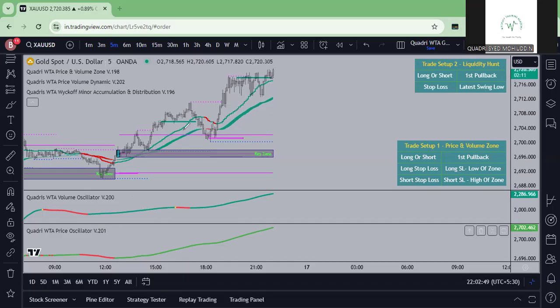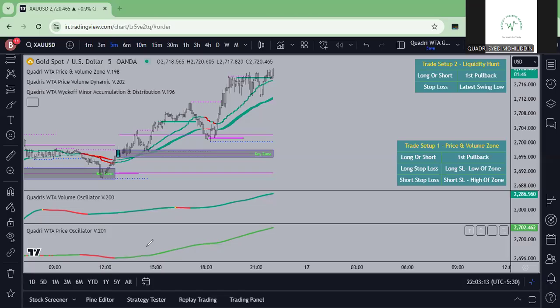Many of my students, and many of the traders who are using this or have taken the trial, ask how to use this. It is a very simple and straightforward approach. The reason for the key zones, which come up in versions 198 and 202, is this.